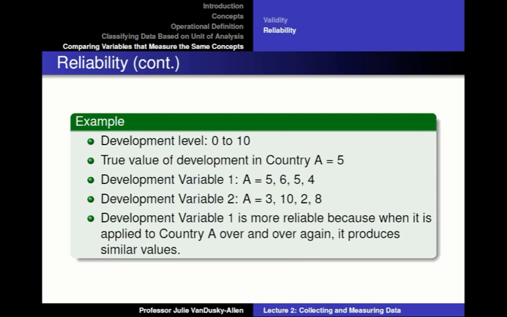Variable 1 coded country A as a 5 the first time, then 6, then 5, then 4. Variable 2 coded country A as a 3 the first time, a 10 the second time, then 2, then 8. Clearly, development variable 1 is a more reliable measure because when it is applied to country A over and over again, it produces similar values.